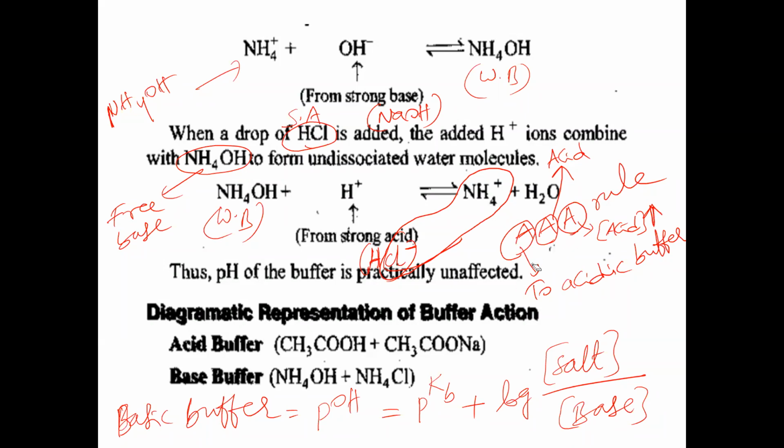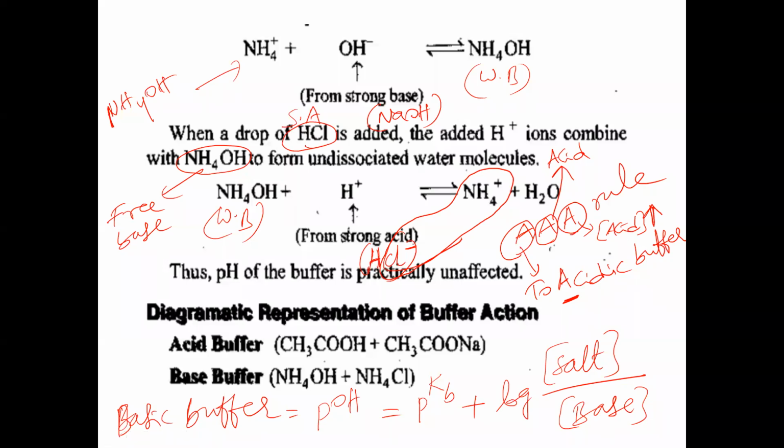So tell me once, what is this? To an acidic buffer, when acid is added, the concentration of acid will increase. This is called the triple A rule, remember. It's not a rule given by any scientist. Just to make you remember easily, I am giving it.